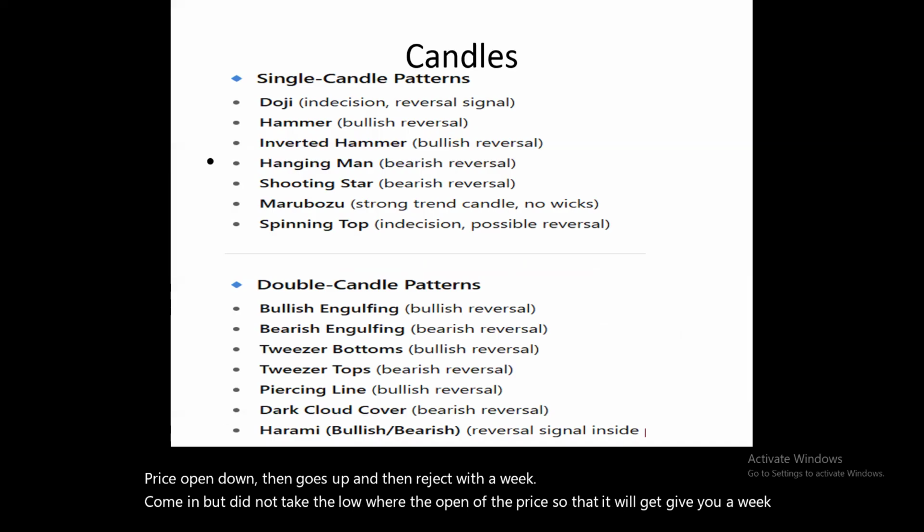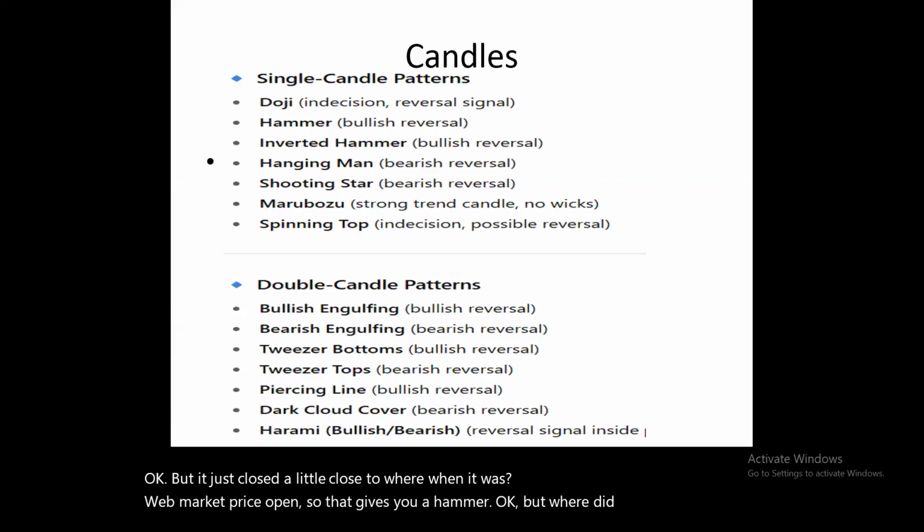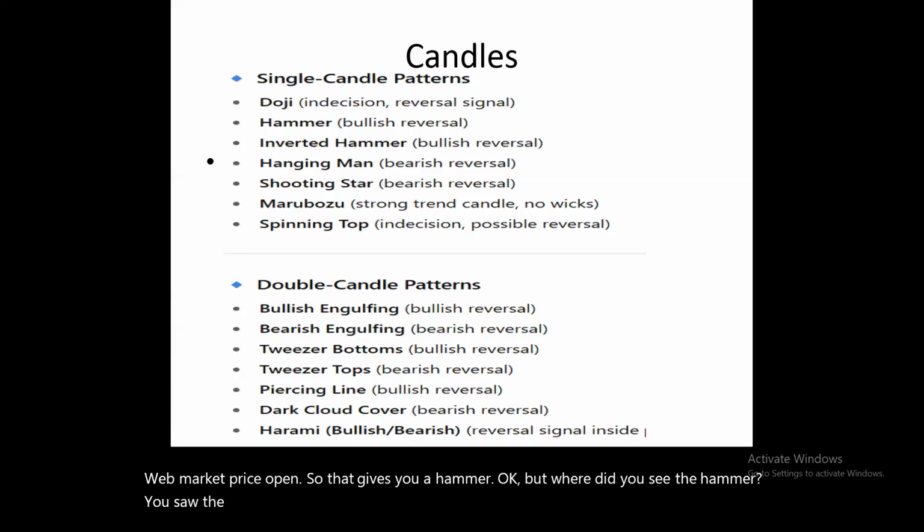It just closed a little close to where the market price opened. So that gives you a hammer. But where did you see the hammer? You saw the hammer after a bullish trend.